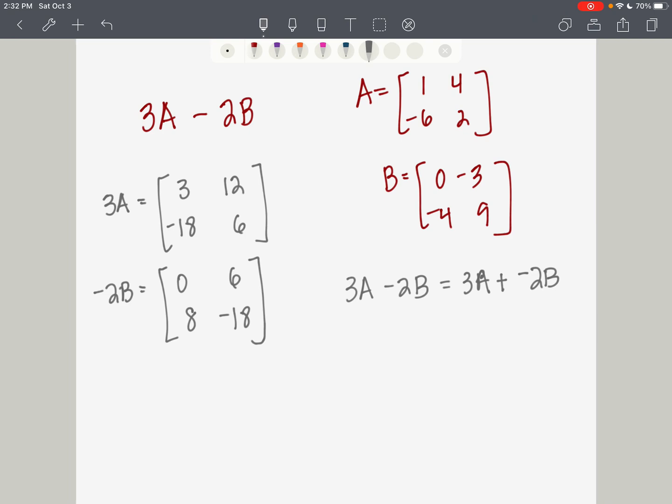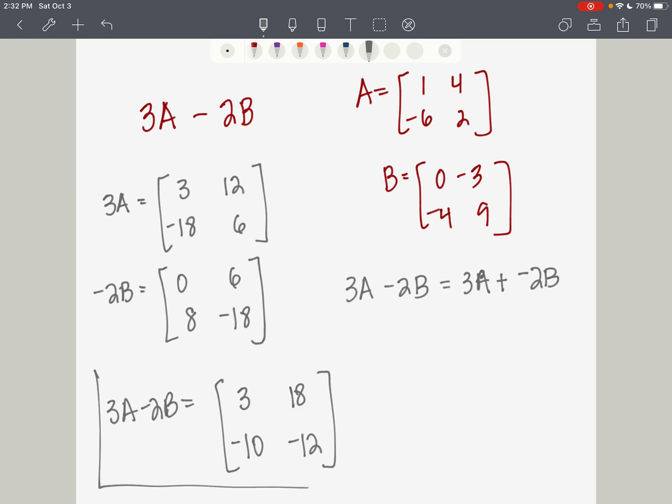So since I attached that negative to the 2 when I multiplied that scalar through, I can simply add these two, and 3A minus 2B is going to equal 3, 18, negative 10, and negative 12. And that's because I did 3A plus negative 2B, which is completely allowed.